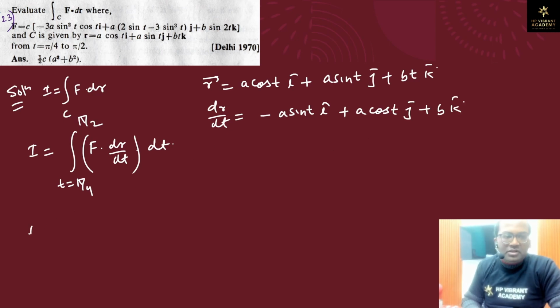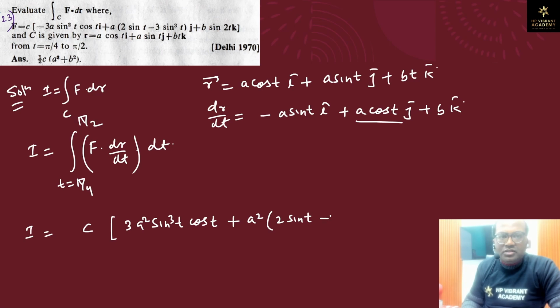Okay, so we have the value of I as the integral of 3a square sin cube t cos t, plus a cos t times a times 2 sin t minus 3 sin cube t, so this will be plus a square into 2 sin t minus 3 sin cube t into cos t, plus b square sin 2t.